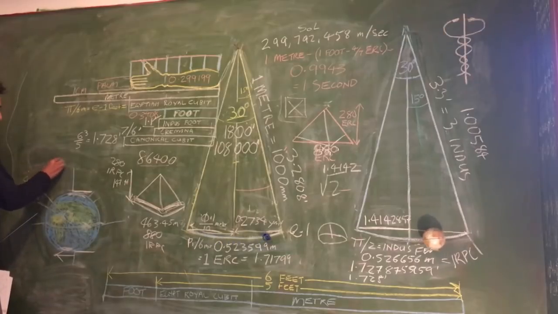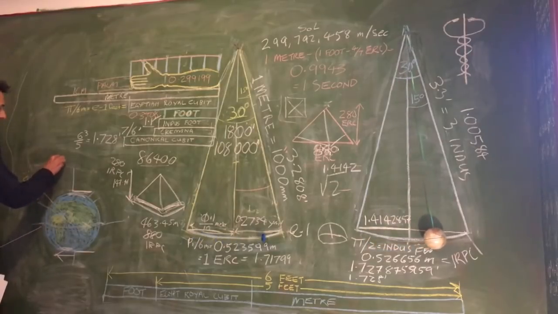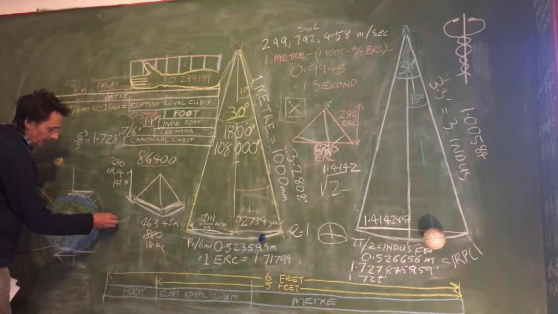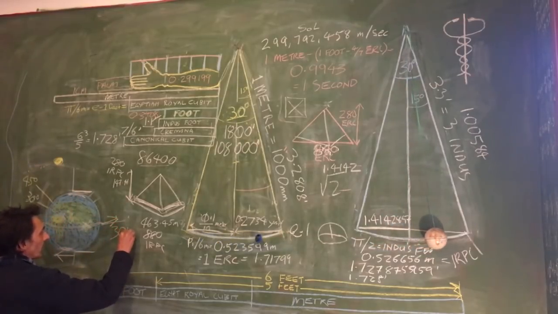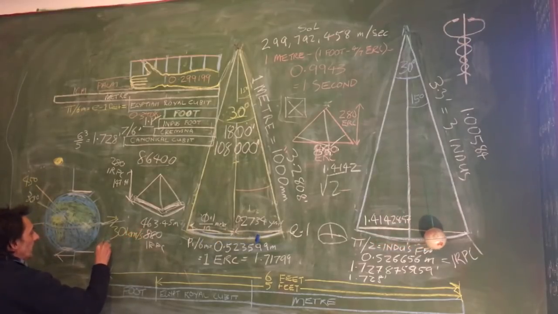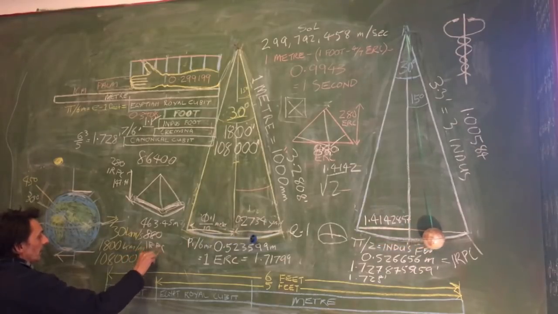Now not only is the Earth rotating, it's also going around the Sun, and at top speed it's going around the Sun at 30 kilometres a second, or 1800 kilometres a minute, or 108,000 kilometres an hour.